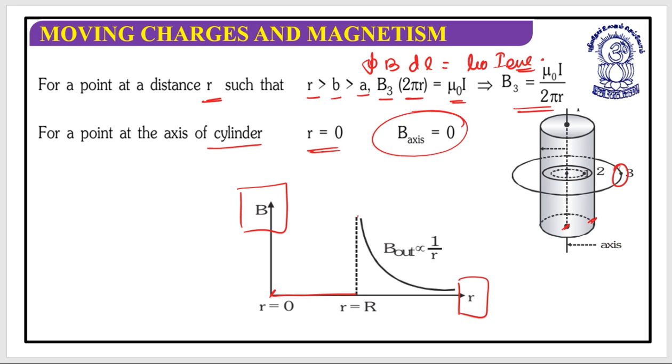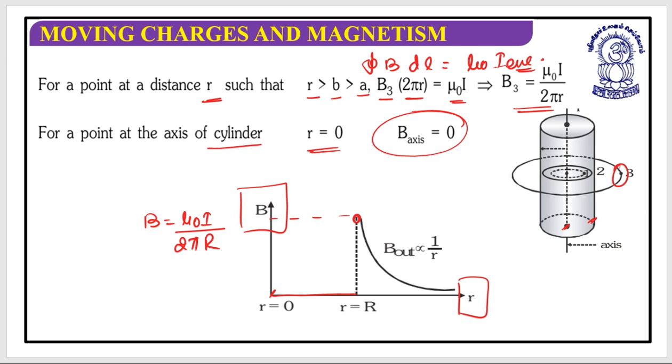As you reach the surface, it would be a maximum, which equals mu naught I by 2 pi r. From there onwards, as you move away from the cylinder, it is decreasing. I hope this is clear.